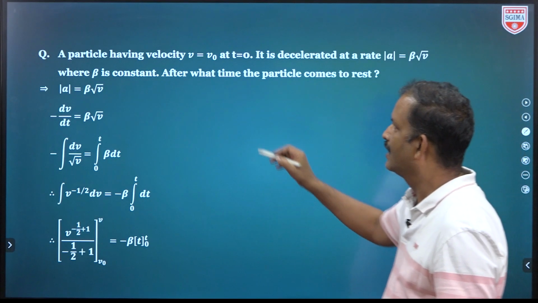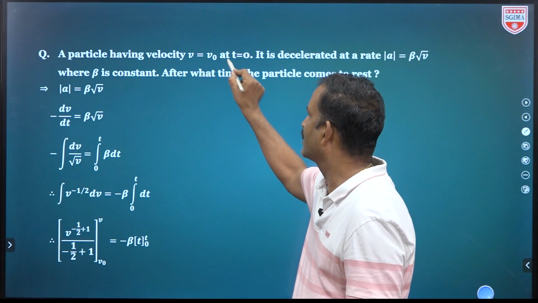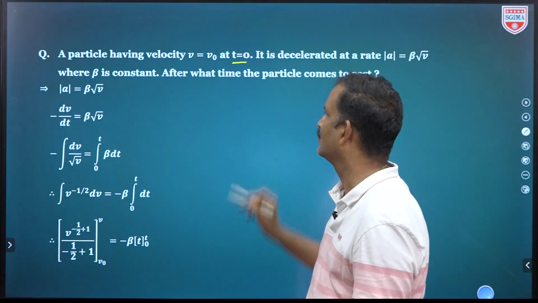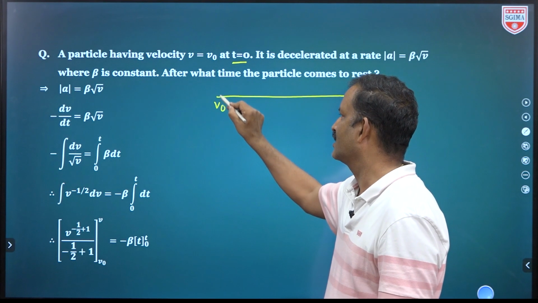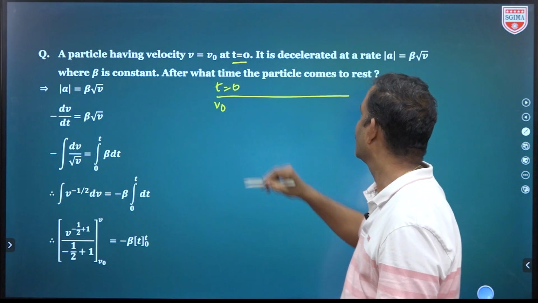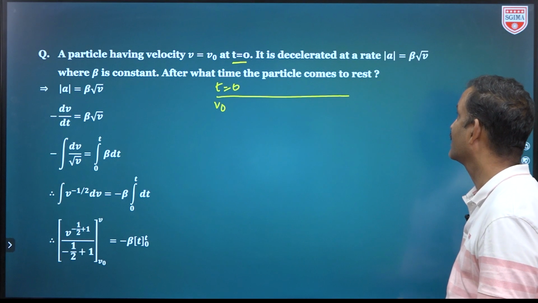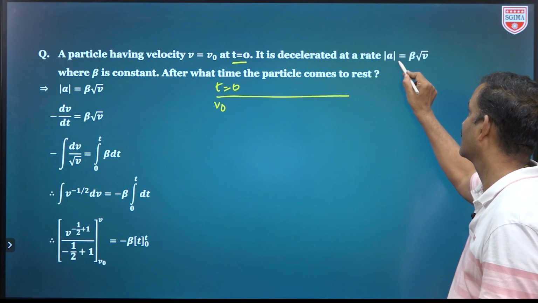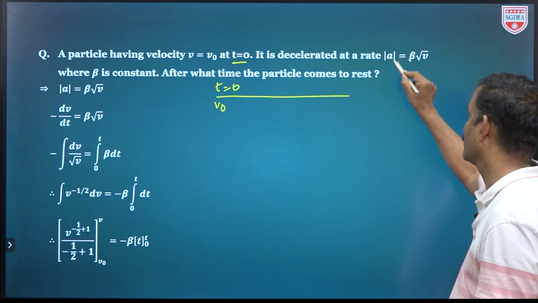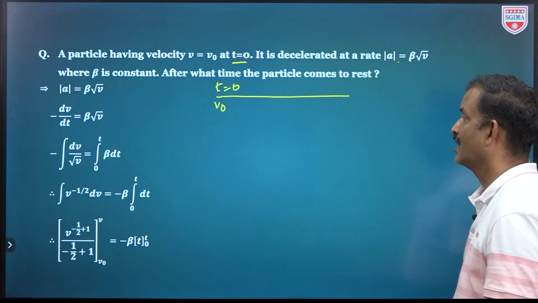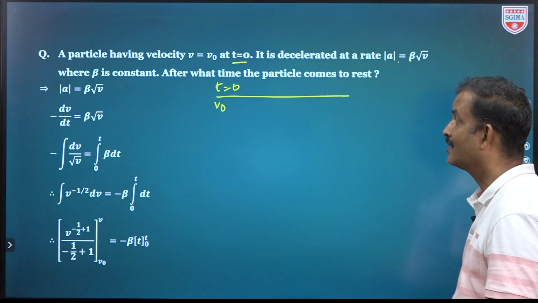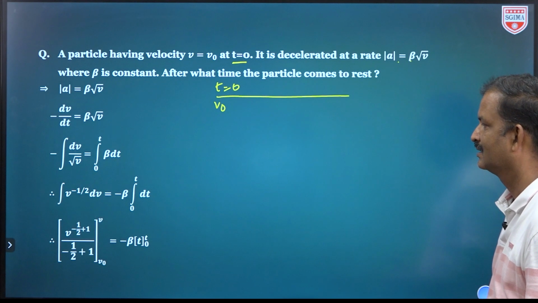A particle has velocity v equal to v naught at t equal to 0. It is decelerated at a rate beta root v, where beta is constant. After what time does the particle come to rest?